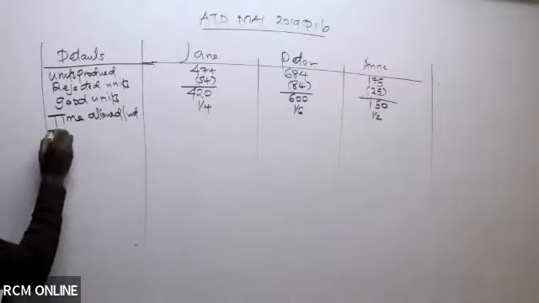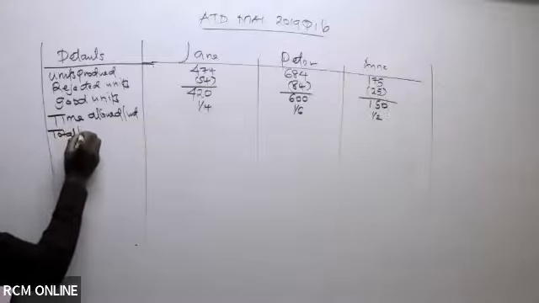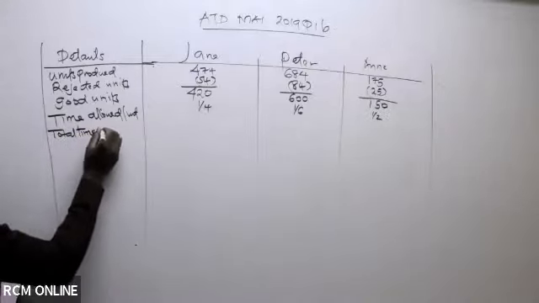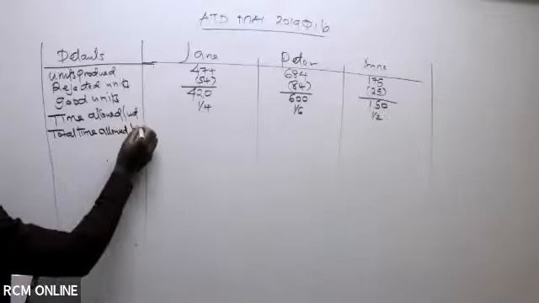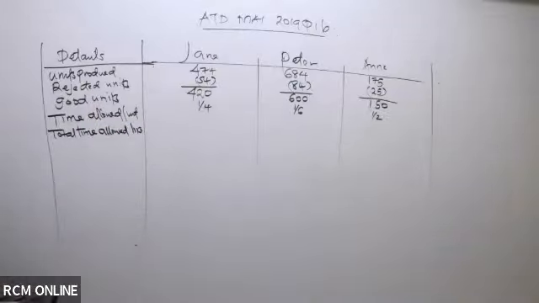So we talk about total time allowed in hours. So what do we have for Jen? A quarter of 420 itakuwa ngapi? A quarter of 420, 105.